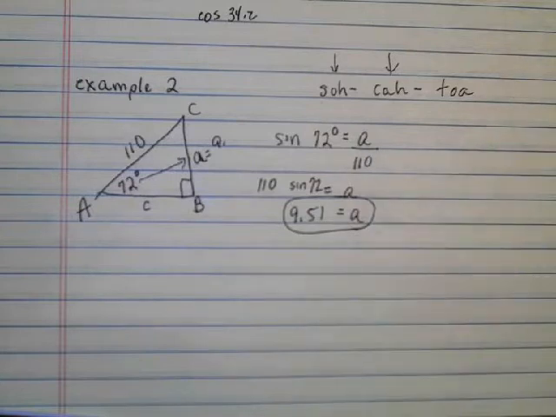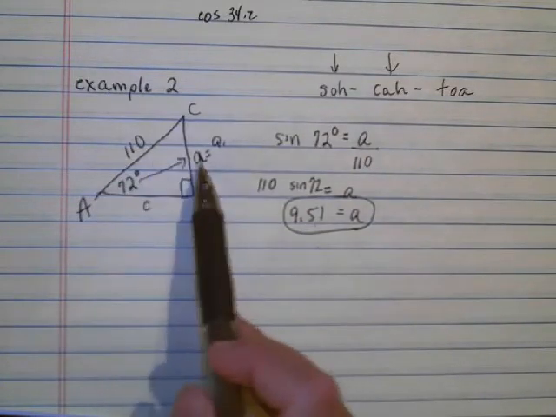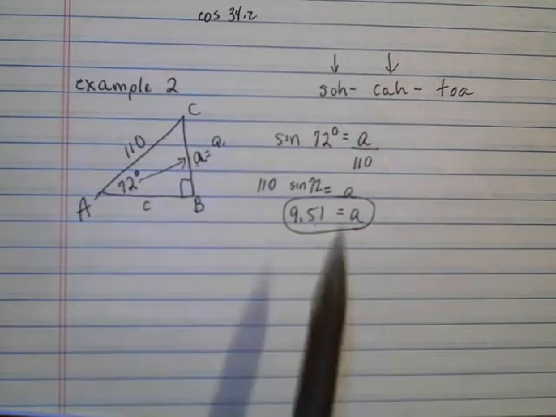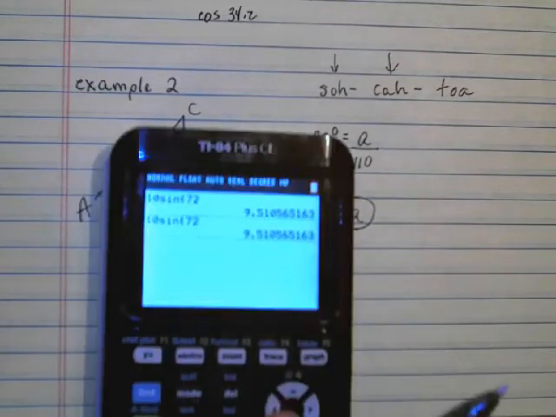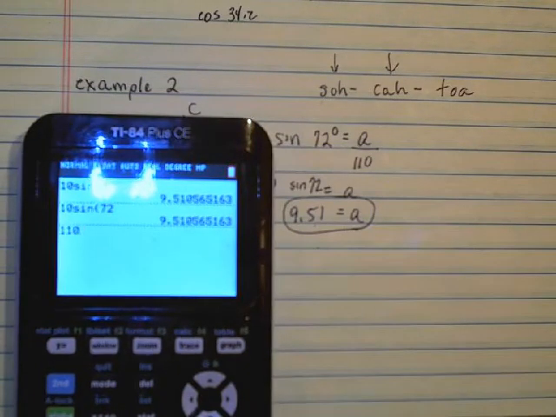Whoops. Well, when I went to put this in, I noticed that's 110, so this should not be 9. So I went back and looked at my calculator and I noticed instead of typing 110 sine 72, I typed 10. No wonder my answer was so far off.